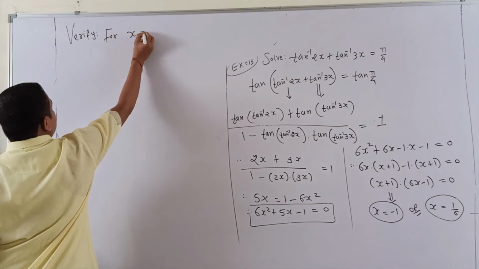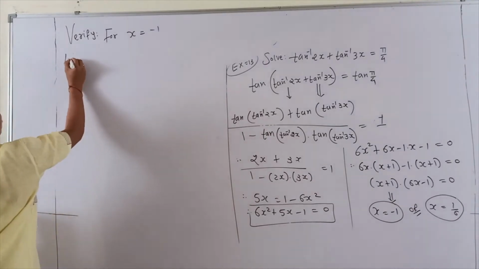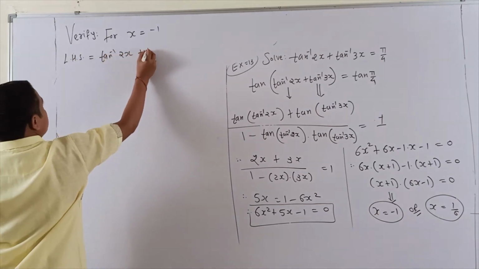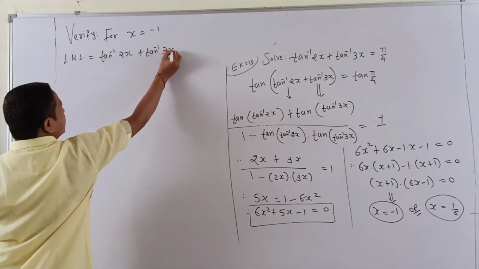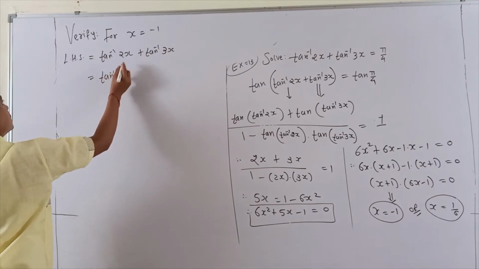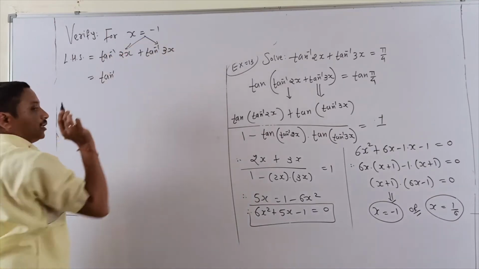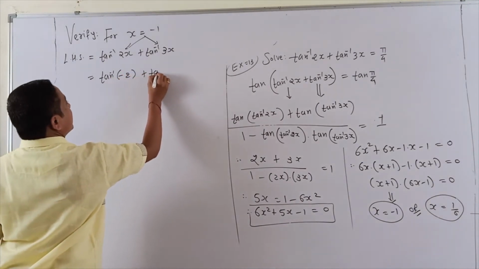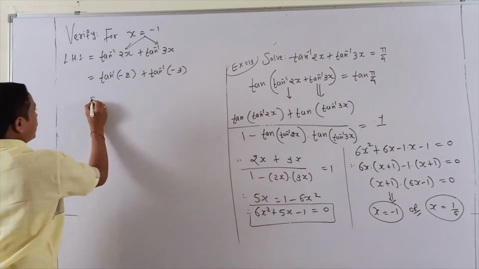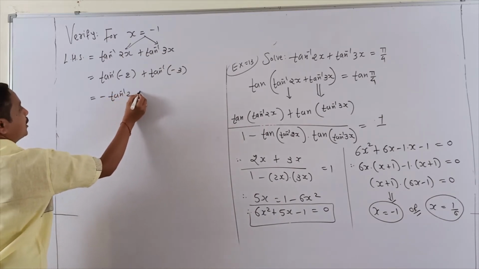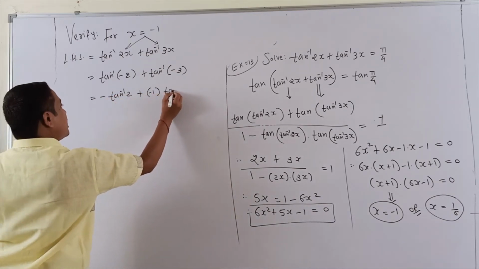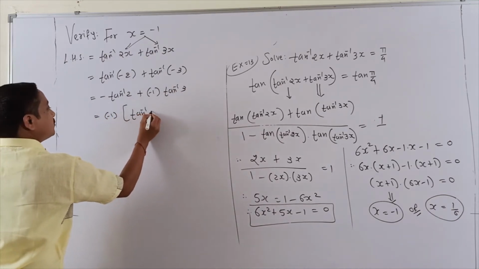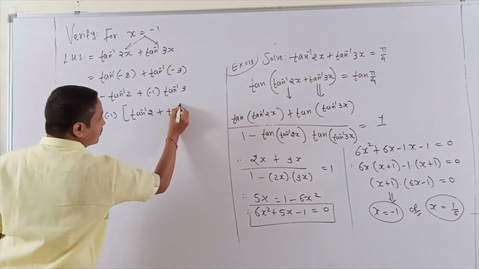So verification for the first one, for x is equal to minus 1. Put it in the LHS and check whether it equals the RHS. So tan inverse with this x applied in both terms: minus 2, then minus 3. Using the formula, the minus goes outside of both, so it is minus of tan inverse 2 plus tan inverse 3.